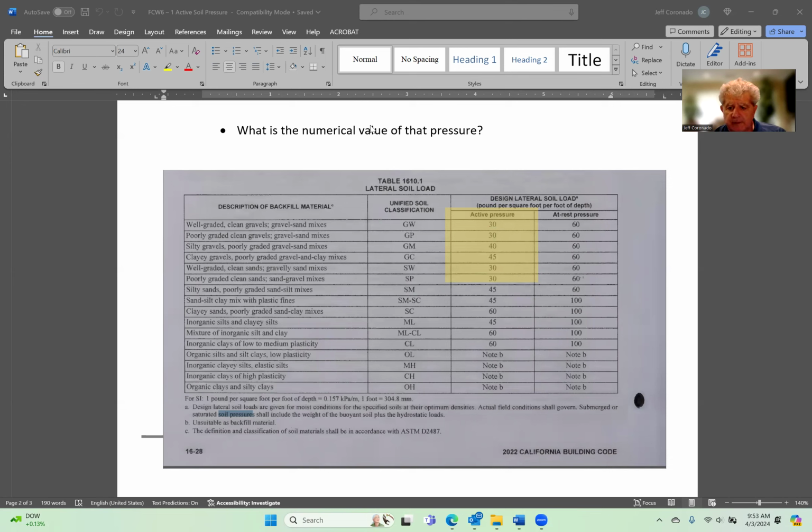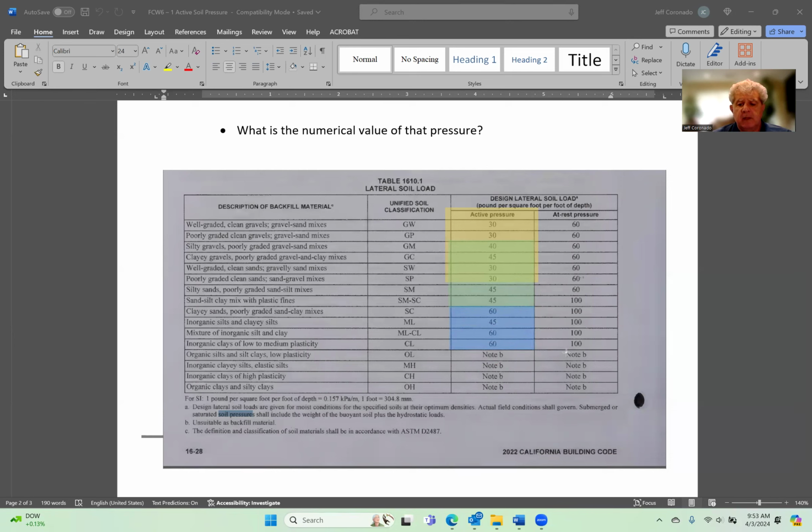As we go down the chart, maybe right here, what I'm highlighting in green, you'll notice the middle soils are more on the order of 45 pounds per cubic foot. And if I use blue, the soils more towards the bottom tend to be along the lines of 60 pounds per cubic foot. Your office may have a standard on what active pressure they like to use, probably based on their experience of the region they are in.